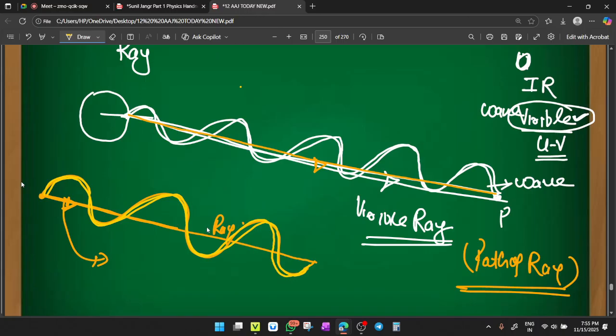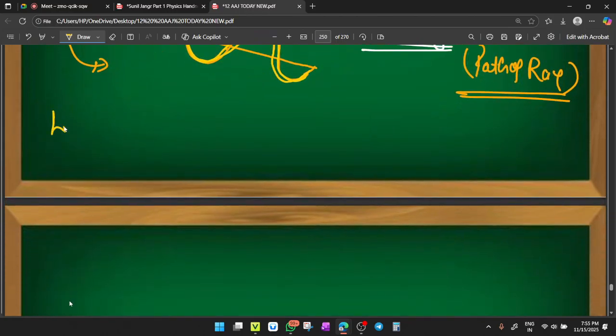Clear or not clear? So all this study comes under the topic wave optics. Simply, it means light as a wave.